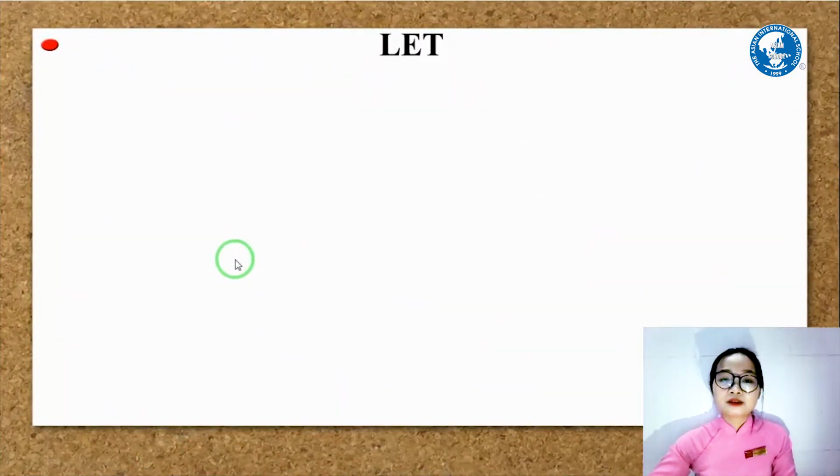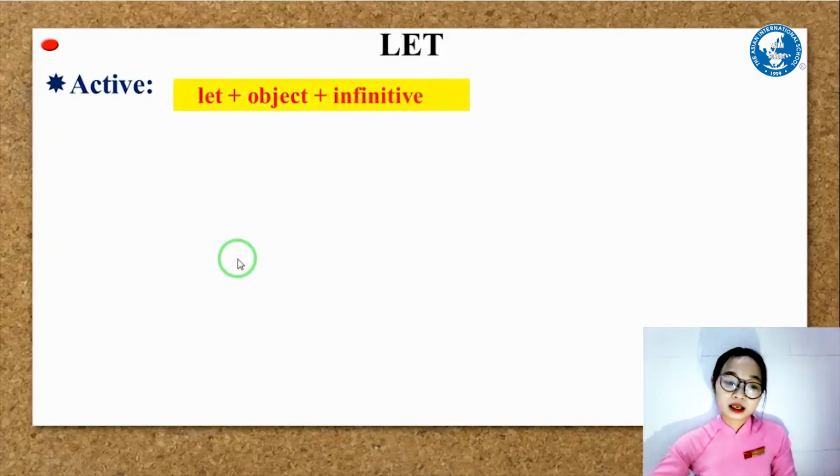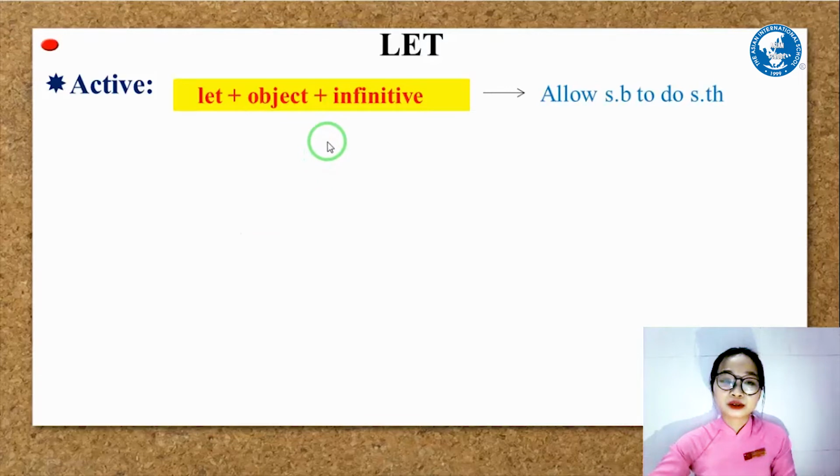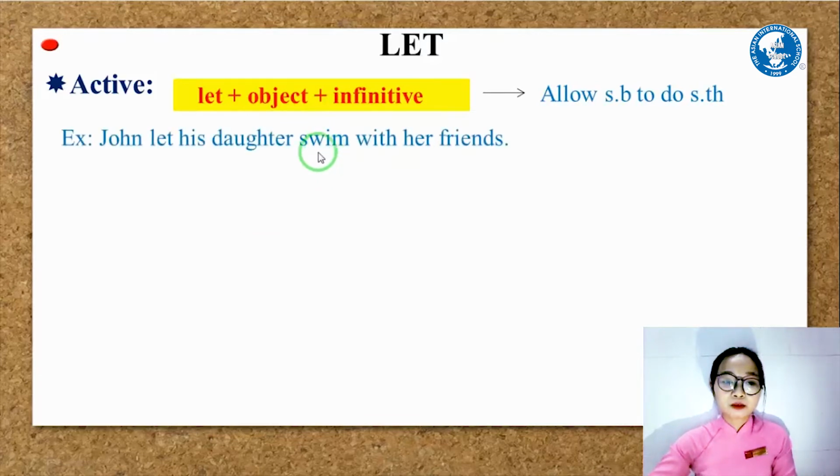And the last verb today is let. In active voice, let also goes with object and infinitive. It means allow somebody to do something. For example, Sean let his daughter swim with her friends. It means Sean allowed his daughter to swim with her friends.